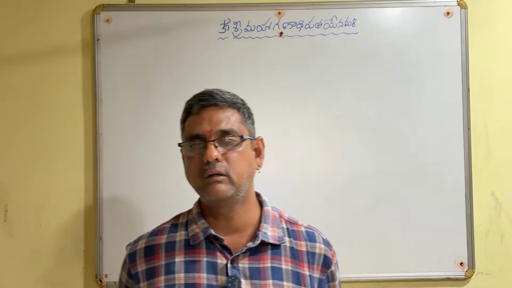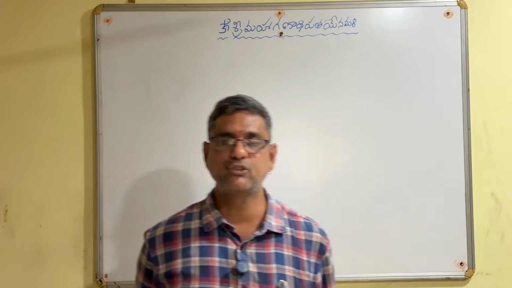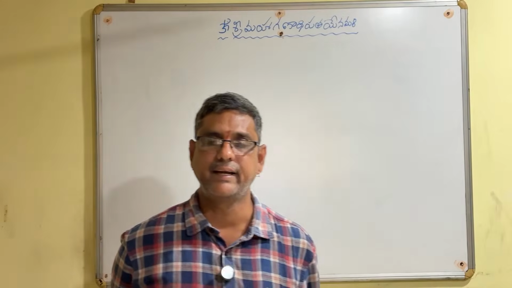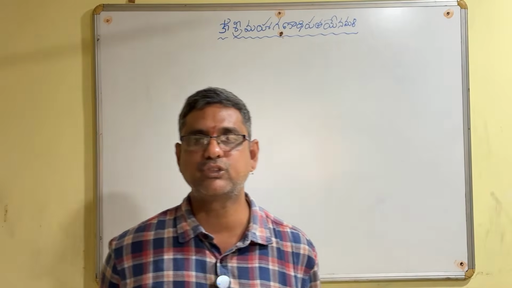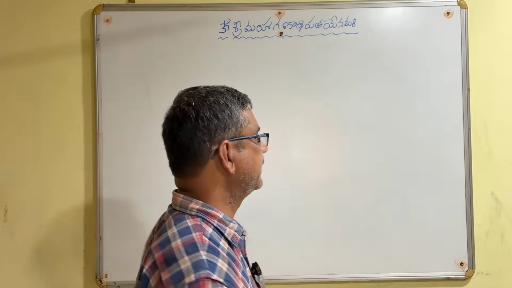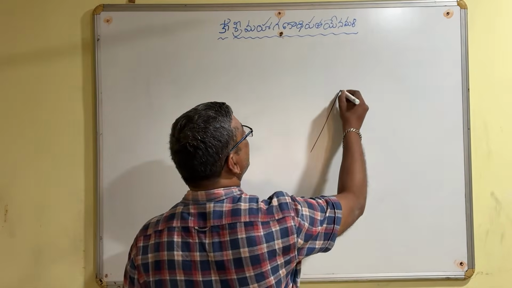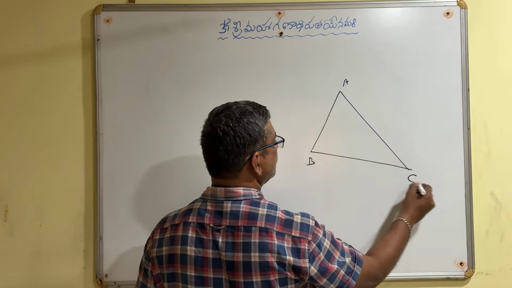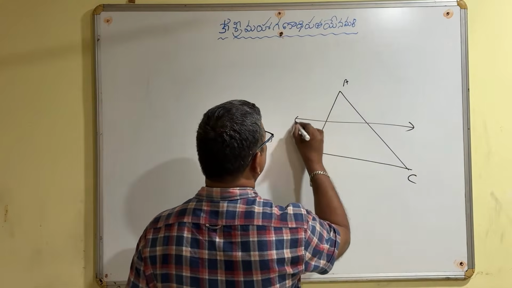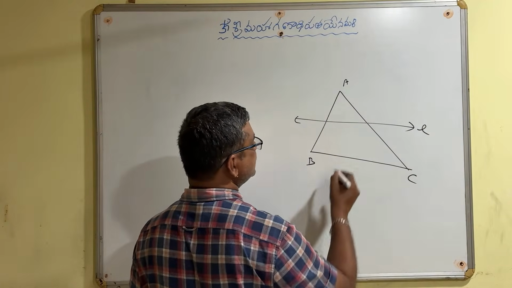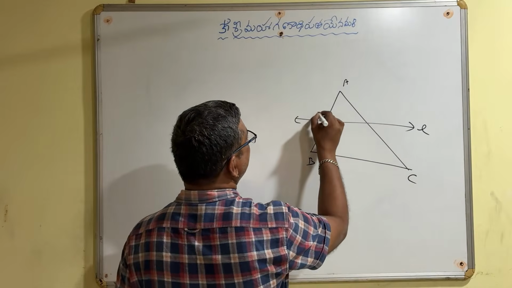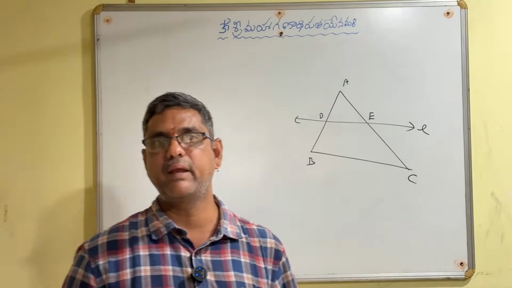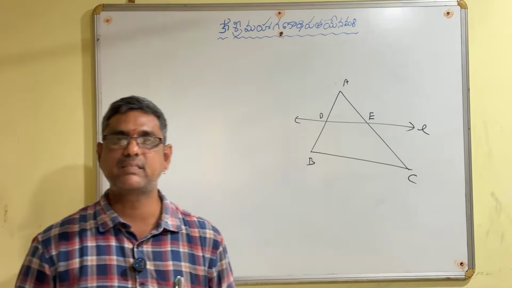If a line is drawn intersecting two sides of the triangle at distinct points, parallel to the third side, then it divides the other two sides in the same ratio. That means there is a triangle ABC and a line L which is intersecting two sides AB and AC at distinct points, at D and E respectively.